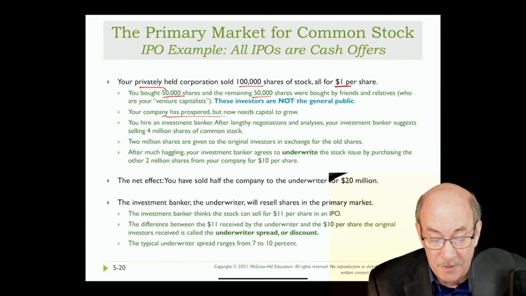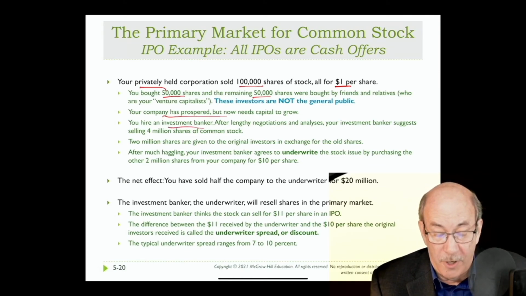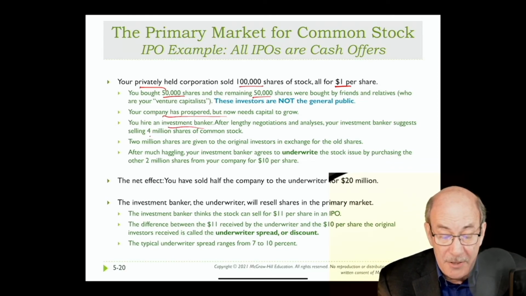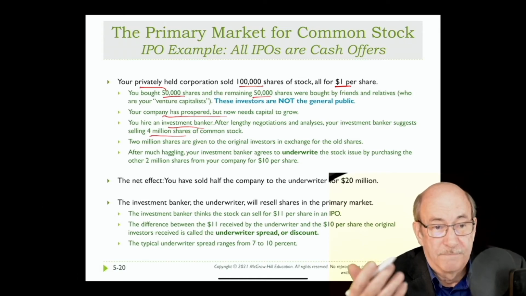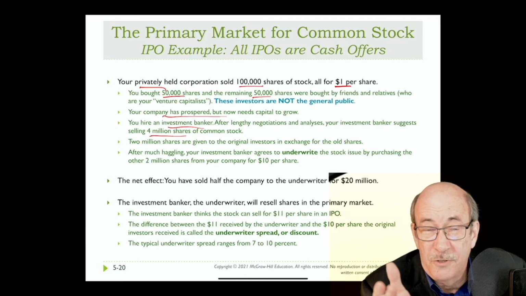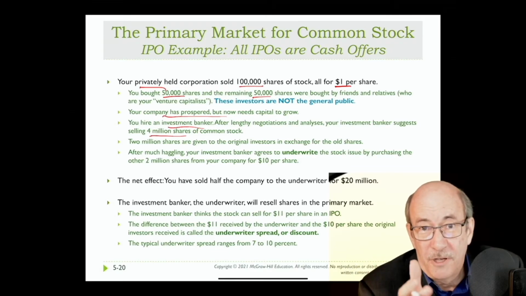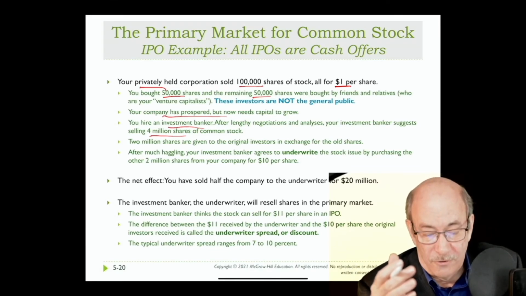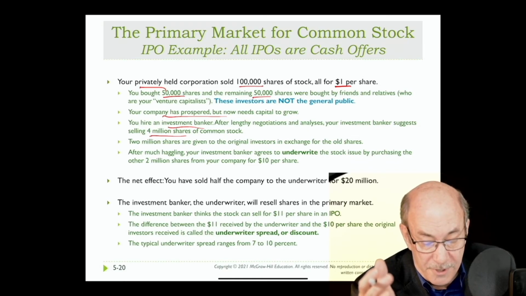The company has prospered, and now we want to go public, so we hire an investment banker to do the IPO. And the investment banker says, look, first off, we did a negotiated deal with the investment bank, so now the investment bank is advising us. So we currently have 100,000 shares.